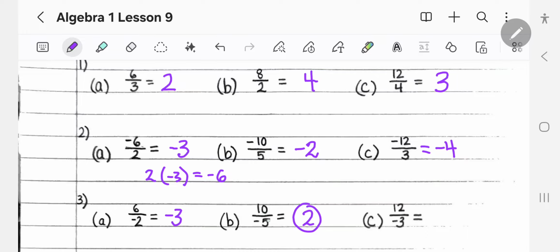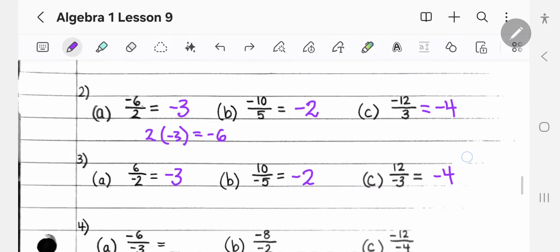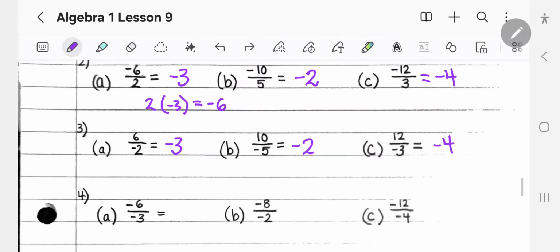But whatever this is times this is going to have to give me a positive 10. And right now it's not going to give me that, right? It would give me a negative 10. So I know this answer must be negative. And then the 12 divided by 3. I know it's going to have to be negative because negative times a negative would give me a positive. So again, because you know multiplication and division are inverse operations, it can help you figure out those.